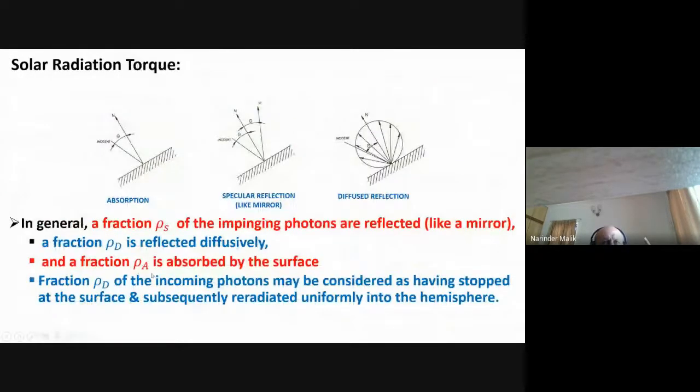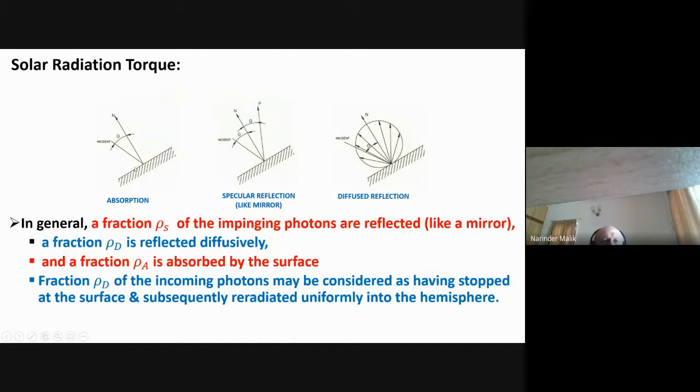Now, this is the spacecraft surface. Its normal is along this direction. The solar input is coming in this direction at an angle theta. A part, the rho a fraction, is absorbed, and when it is absorbed, it pushes in this direction.